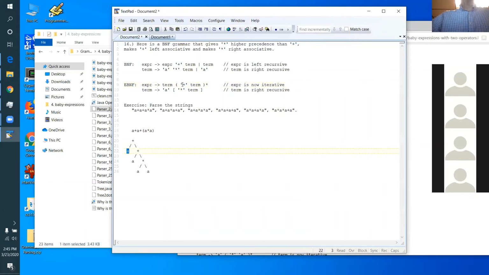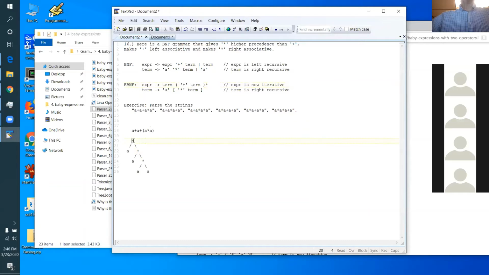Then when you did the plus term, you did it from the bottom up. That created, no, I'm sorry. Let's see, real carefully. Oh, no, it's not quite bottom up. This term is that A. Then you do the plus term.